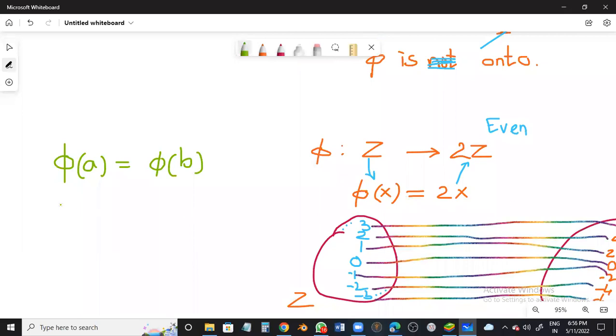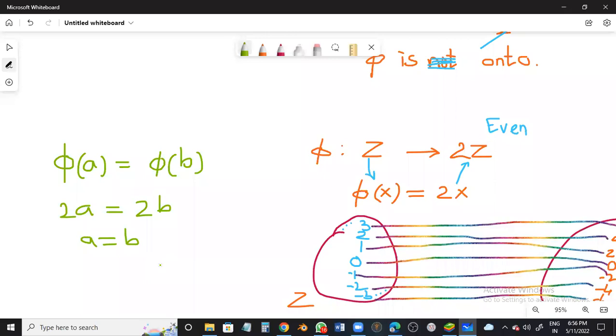It is double A, and to the right side it is double of B. I hope you agree. What will happen next? 2 times A equals 2 times B. Yes, I got A equal to B. So whenever images are equal, we find pre-images are also equal, means phi is 1, 1.